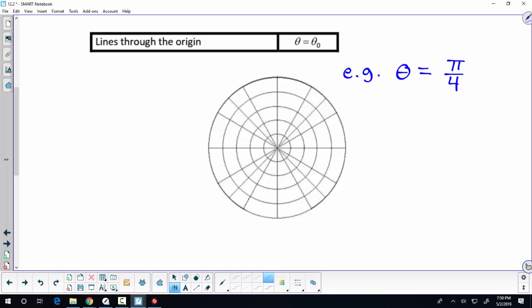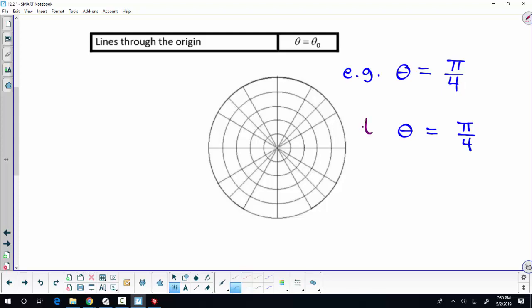So how would we convert that to the xy coordinate system to determine that that is actually a line through the origin? We've got to remember what's involved with our conversion from one coordinate system to the other. We'll look at this example and write down the generic instructions in a minute.